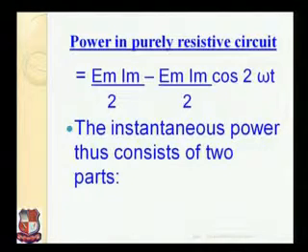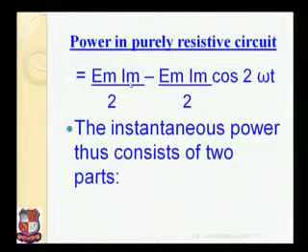This is our instantaneous power, because the value of power changes with respect to time, as this has omega t. Omega t means it will change when time t changes. So it consists of two parts, first part and second part. The first part does not contain any omega t, meaning it is constant throughout the time period.